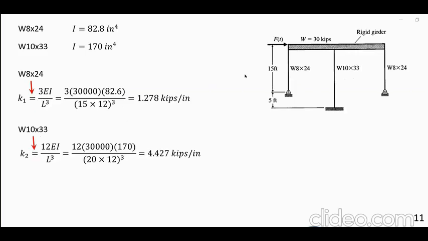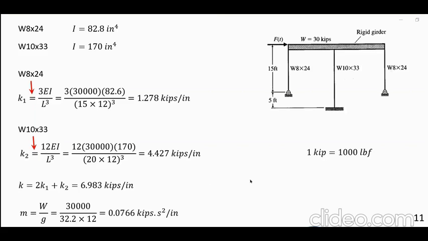And of course, the middle one is actually fixed down here, or clamped down here, so it's going to be 12 instead of 3. Plug it in. And now notice that all three of these are in parallel. I wanted to remind you that one kip is 1,000 pounds, but these are all parallel, so add them up, and you're going to get this.